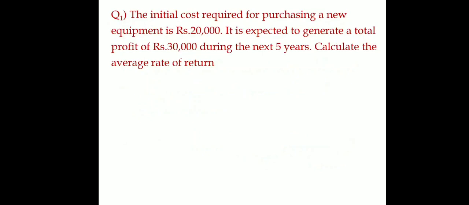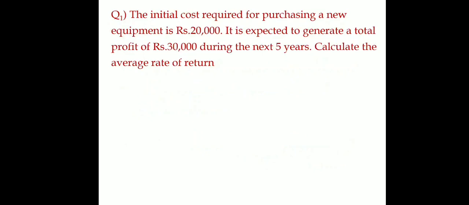By seeing the question itself you can understand what the initial investment is. That is the original value of the equipment, 20,000, and the total profit the company is making is 30,000, which means after 5 years our current value will be 20,000 plus 30,000. But they are asking about average rate of return, that means every year what rate of return we are getting.